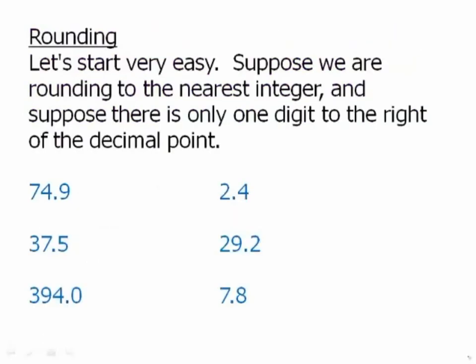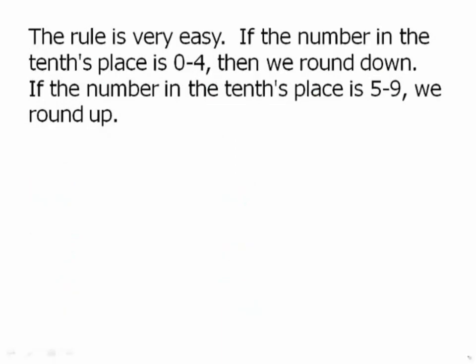Rounding. So now we can talk about rounding. Let's start very easy. Suppose we are rounding to the nearest integer, and suppose there is only one digit to the right of the decimal point. The rule is very easy. If the number in the tenths place is 0 to 4, then we round down. If the number in the tenths place is 5 through 9, then we round up. Very straightforward.